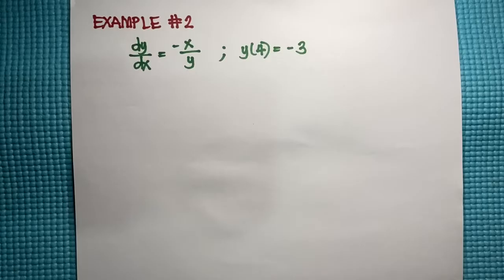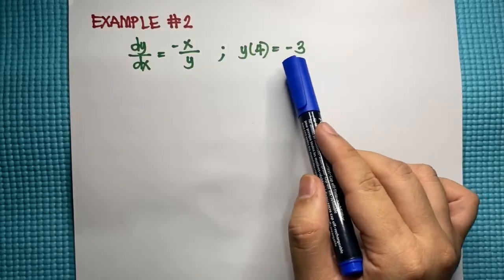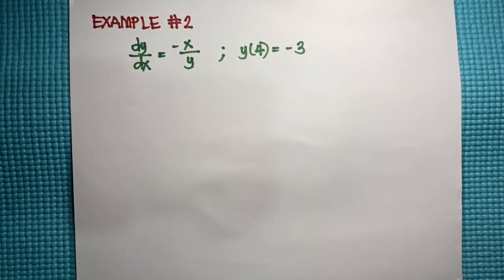Our differential equation is dy over dx equals negative x all over y. However, this is an initial value problem, since the initial value is given that when x is equal to 4, y is equal to negative 3.